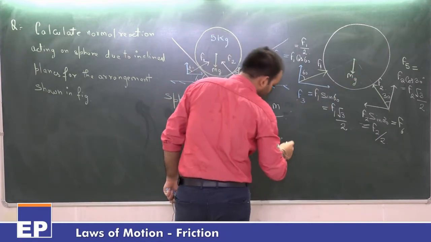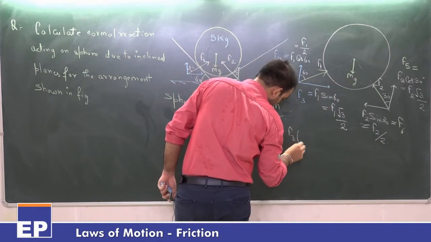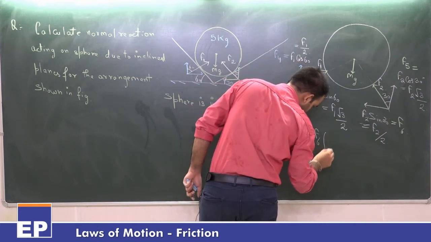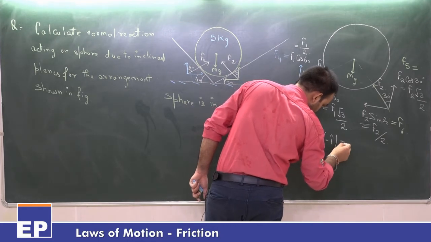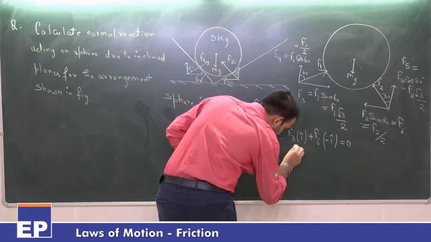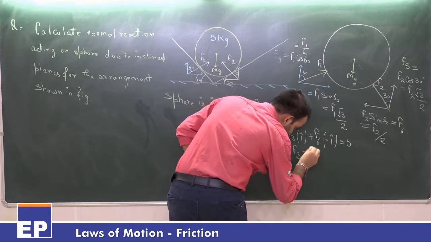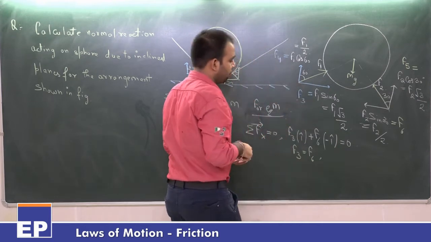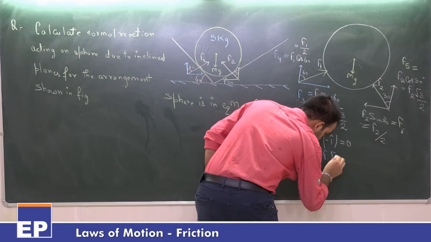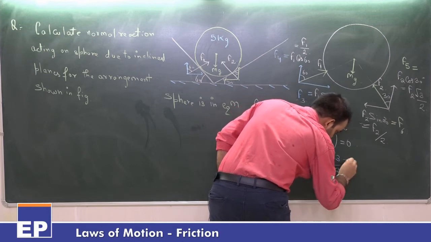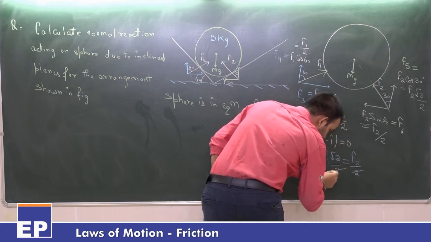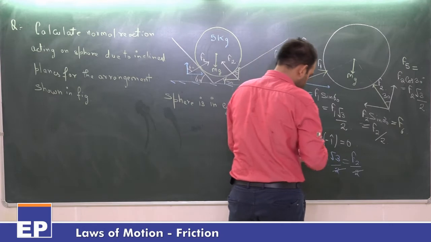I am taking this as positive i cap, so it is F3 i cap plus this is F6 minus i cap, and it should be 0. तो कितना बन रहा है? F3 is equal to F6. What is F3? F1 root 3 by 2, and this is F2 by 2. That is F1 root 3 by 2 equals F2 by 2. मतलब F1 root 3 is equal to F2 आ गया.